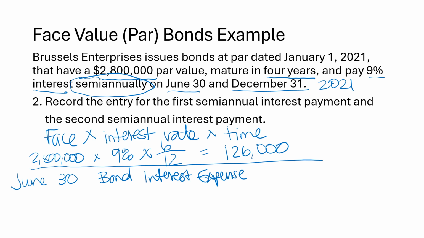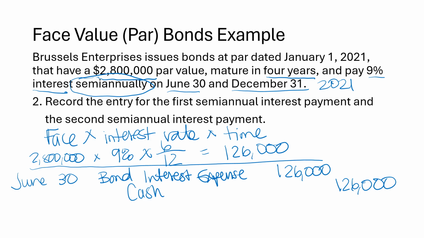And in this case, since the contract rate equals the market rate, we will be paying in cash. So: bond interest expense of $126,000, and cash is how we're paying that, so credit cash $126,000.